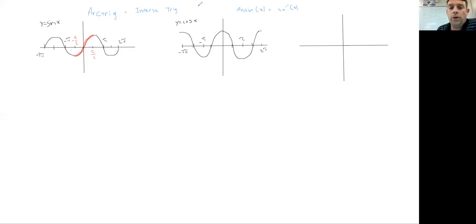So when we're dealing with the domain to find the inverse of cosine, we went from 0 to pi. So that means my inverse of cosine, or my arc cosine, is going to be anything from 0 to pi. For tangent, tangent wasn't too bad. We like tangent. We just took one period of tangent.